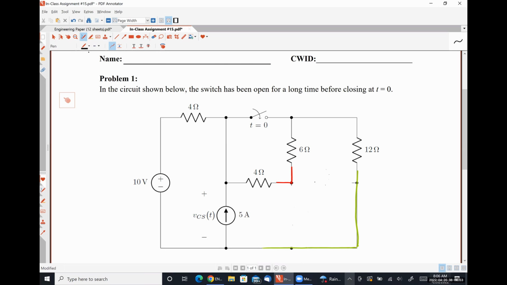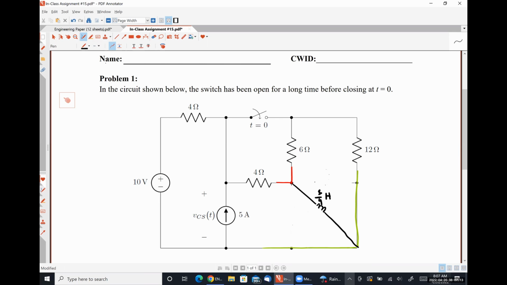Let's try this again. And so anyway, anywhere between the red and the green nodes is perfectly acceptable. So I arbitrarily choose to put it right here. So here is my 3/4 of a Henry inductor.